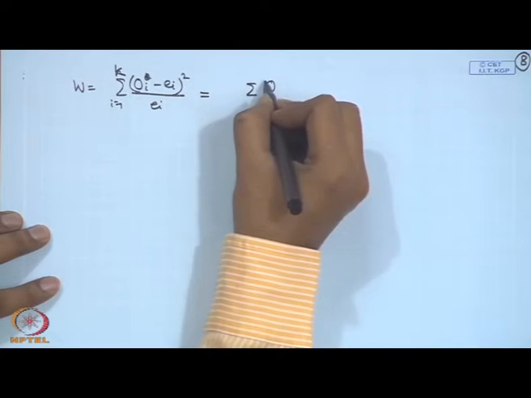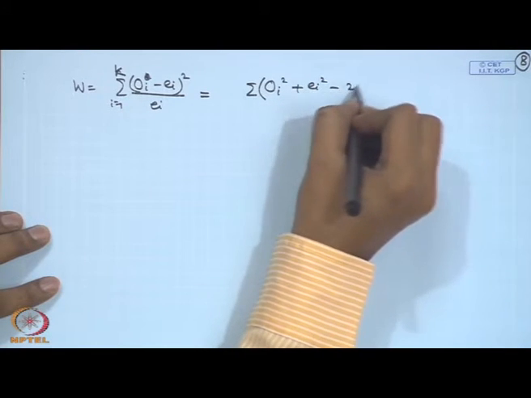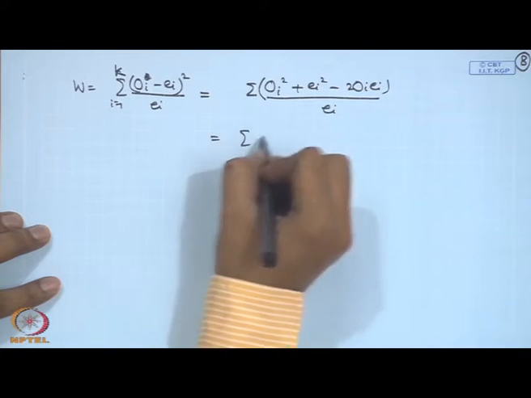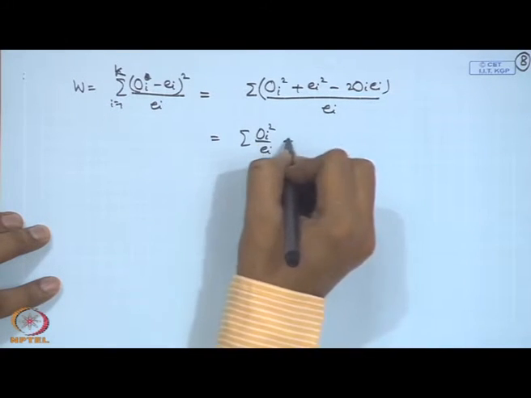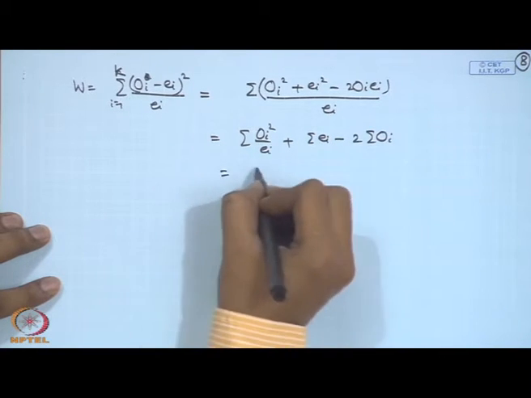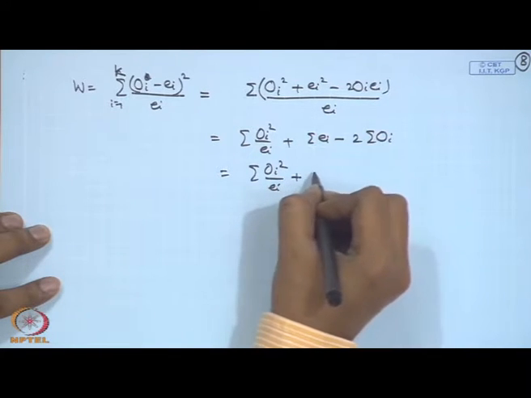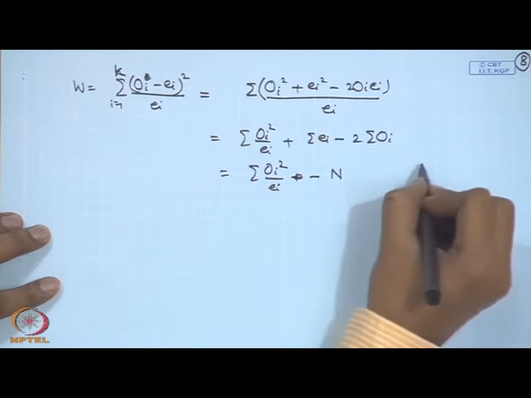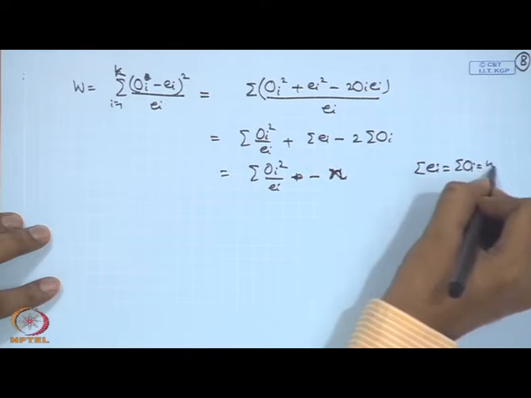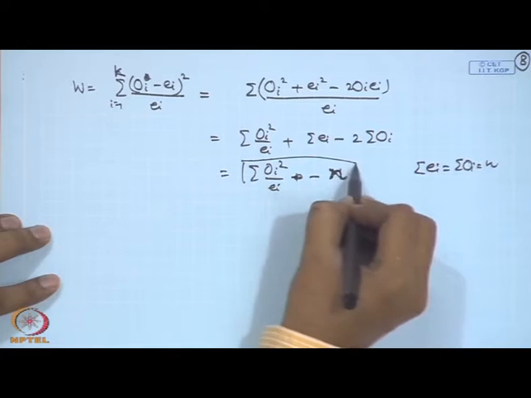If I expand this numerator, I get O_i square plus E_i square minus 2 O_i E_i divided by E_i, that is equal to sigma O_i square by E_i plus sigma E_i minus twice sigma O_i, that is equal to sigma O_i square by E_i minus n, because sigma E_i and sigma O_i both are equal to the total sample size. So, this is an alternative formula for this.